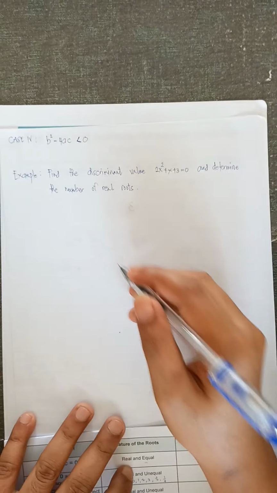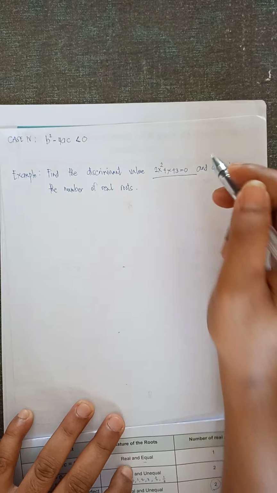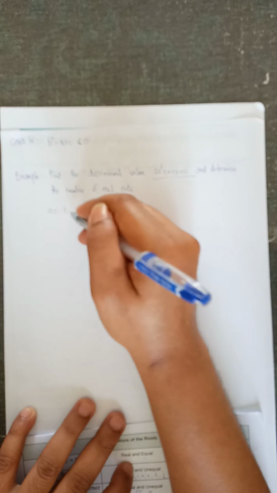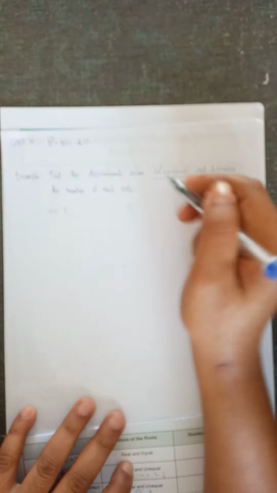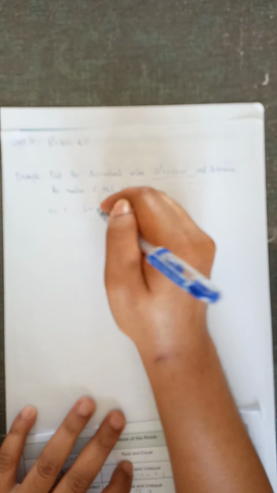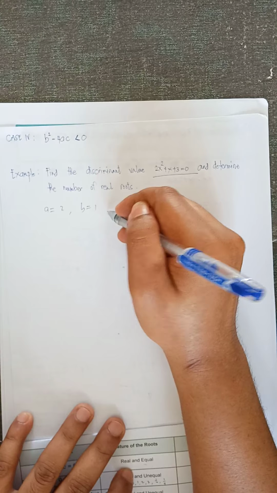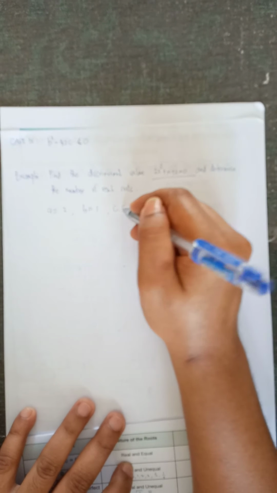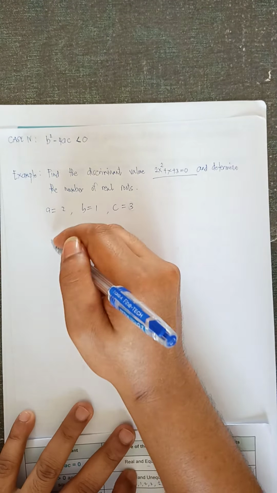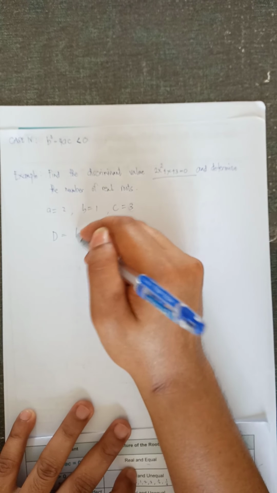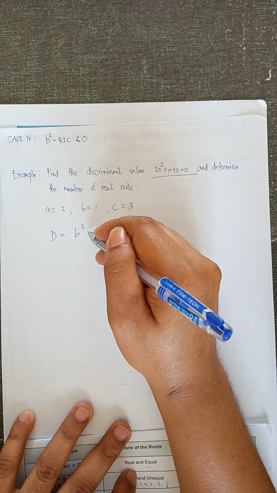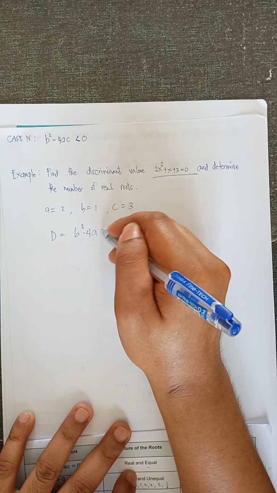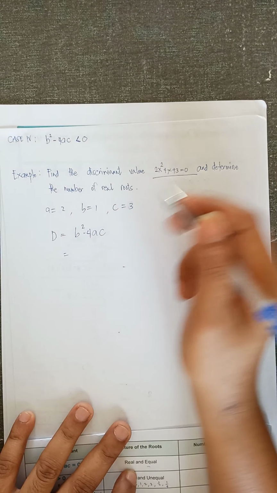So identify the values. Sa atong quadratic equation, we have a equals 2, b equals 1, and the value of c is equal to 3. So using the discriminant formula, we have d is equal to b squared minus 4ac.